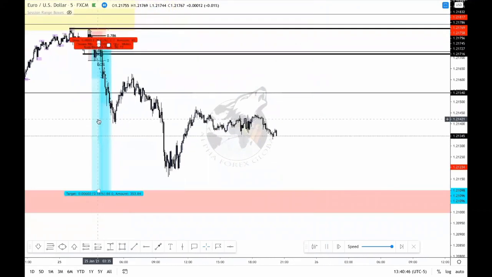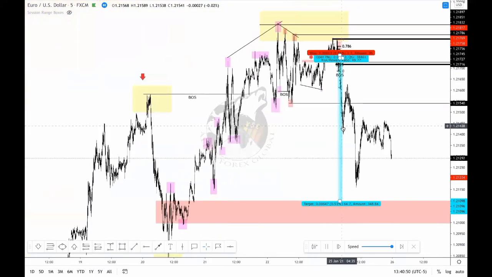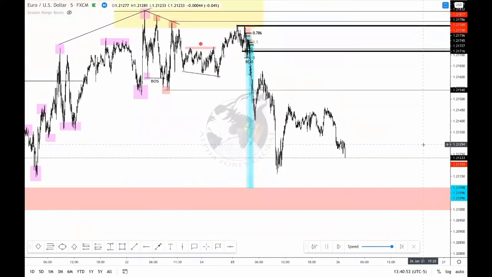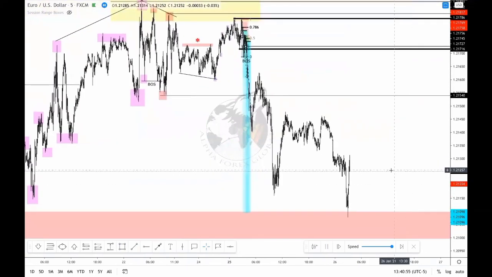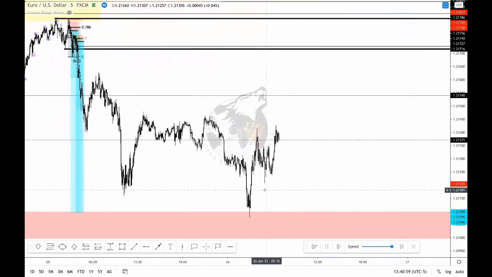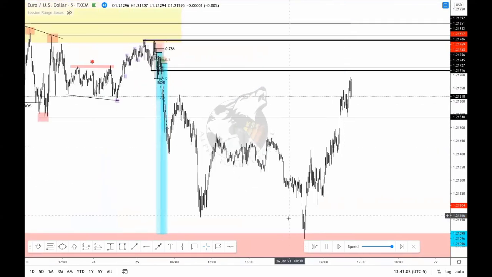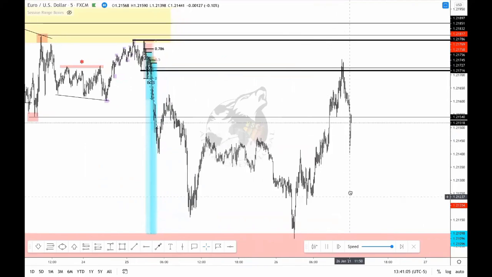London session, we got all the entries in London session. Everything was taken in London session, and that's it. The market tapped in our POI and also a take profit area and shot back to the upside, so we could have gotten entries here as well.